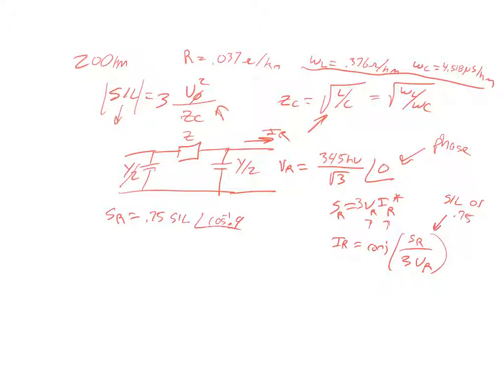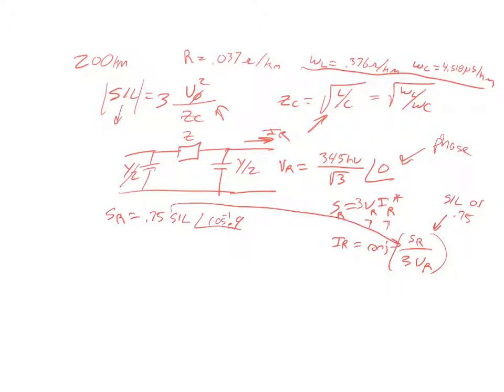Is that a positive or a negative angle? Positive. Very good, it's positive because I said it's a lagging power factor. Who lags whom? Current lags the voltage, and when we run the conjugate of that, our S has to be higher than our P, right? So the S has to be a positive number. So now you have the information you need to solve for IR.